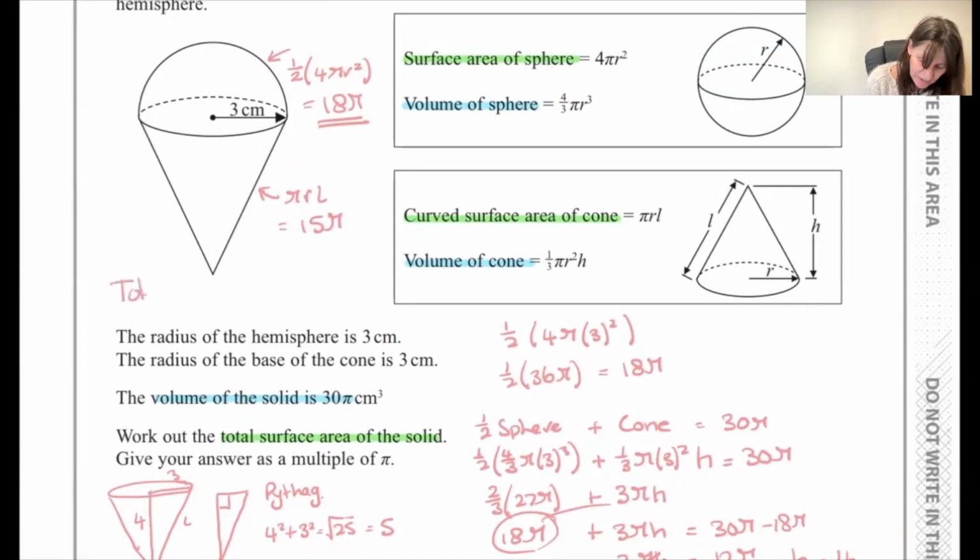So the total surface area is going to be 18 pi plus 15 pi, which is 33 pi. Loads of work. I hope I've helped clarify all those steps and make it clear how we're using one piece of information to help us move on into another. And it was a useful explanation.